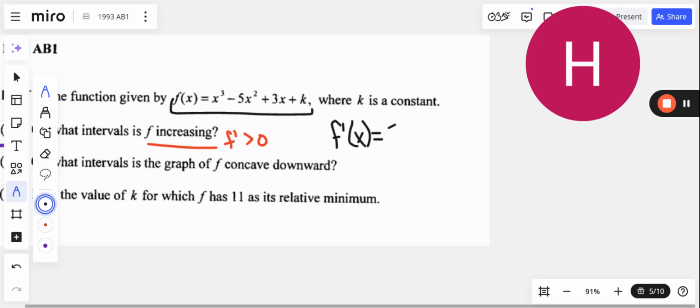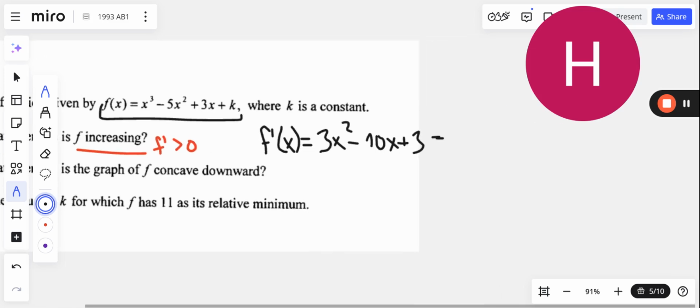That's going to knock it down to a quadratic. 3x squared minus 10x plus 3. Now, when is this equal to 0? This could be factored. Looks like we're going to have 3x minus 1 times x minus 3. And that's going to be equal to 0.